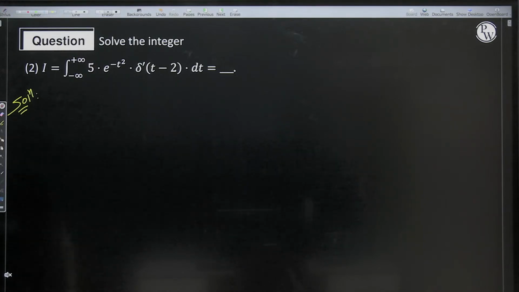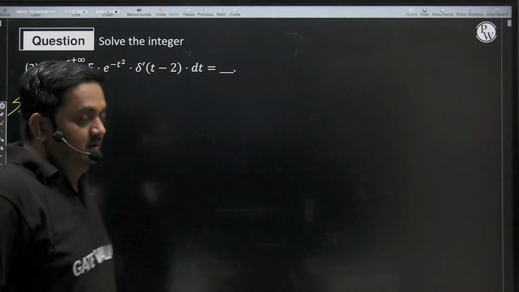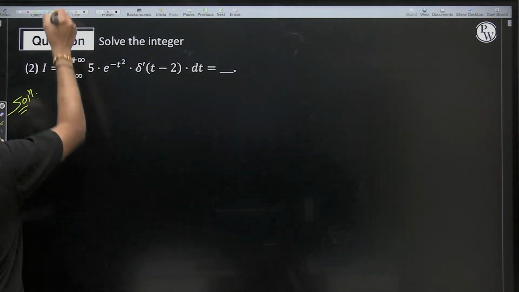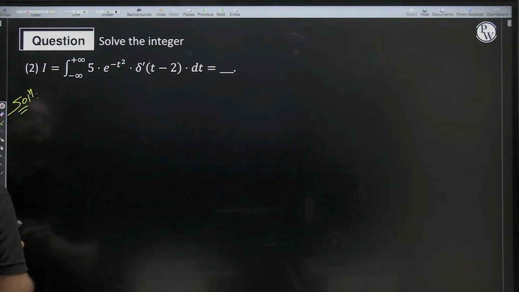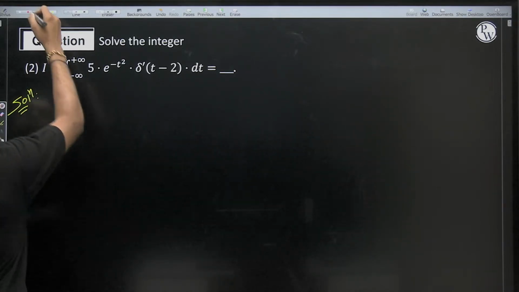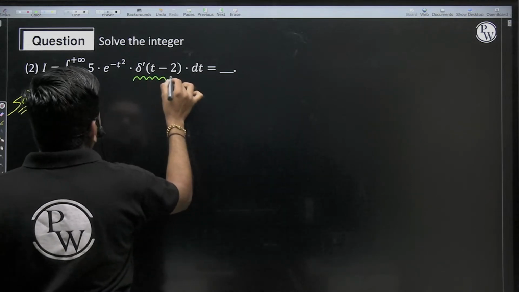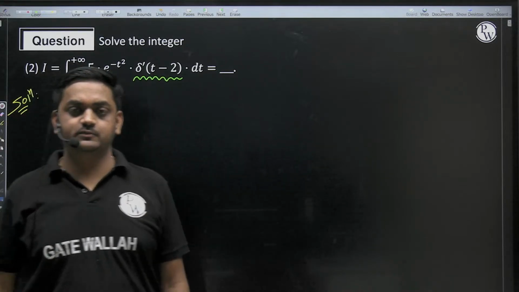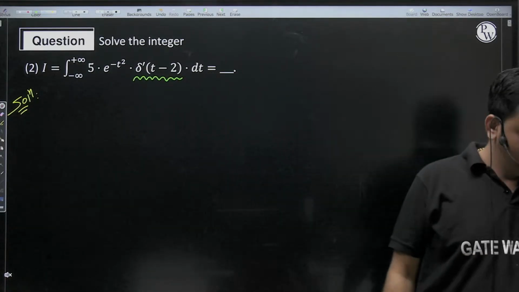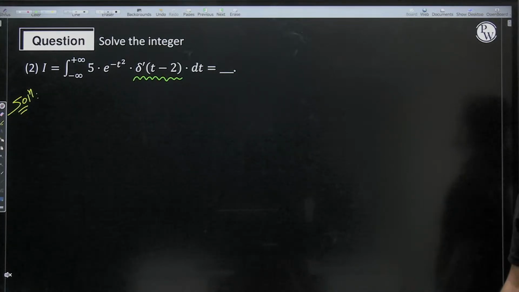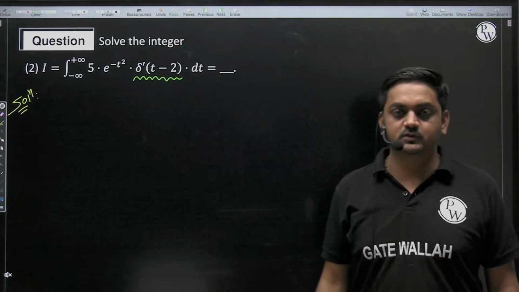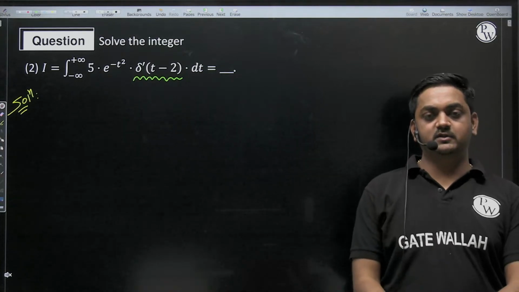So again you have to use the property of the doublet function, same as the previous one. Tell me the correct answer for this question.